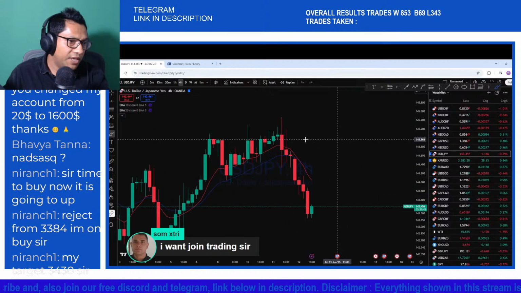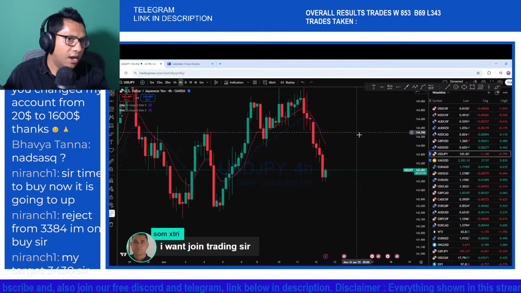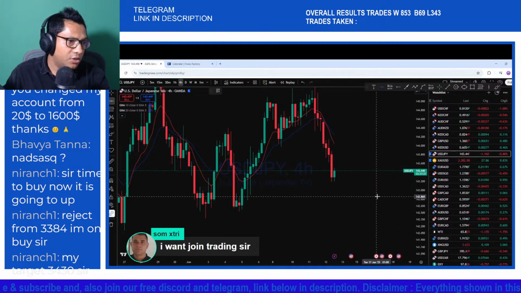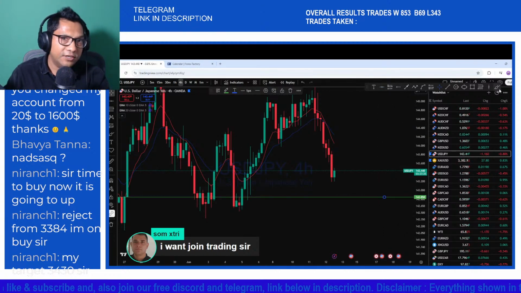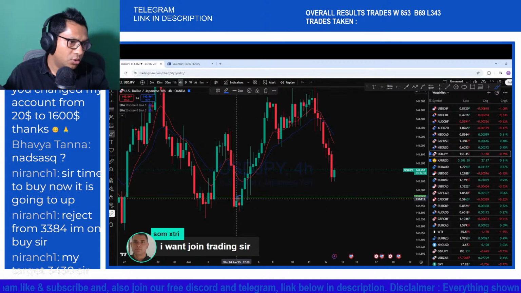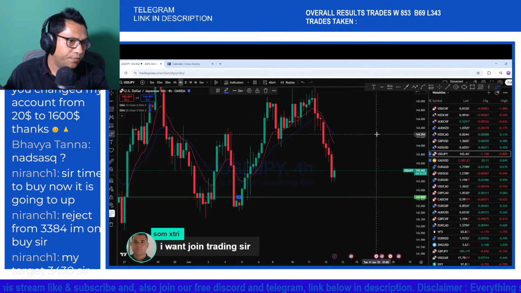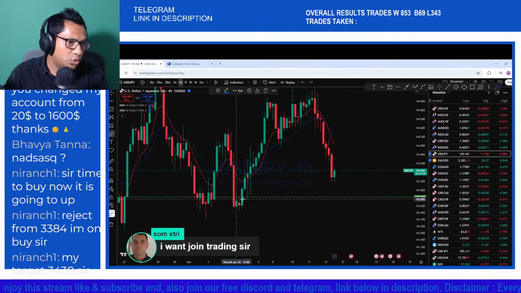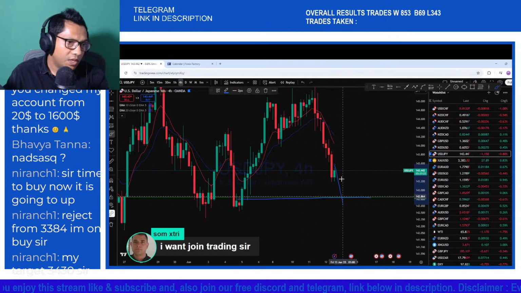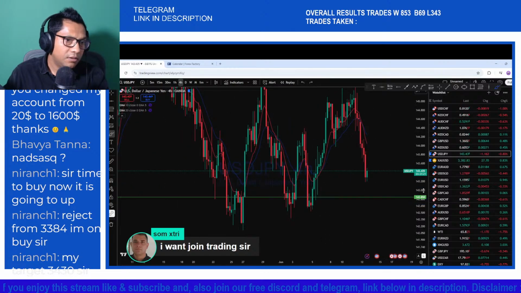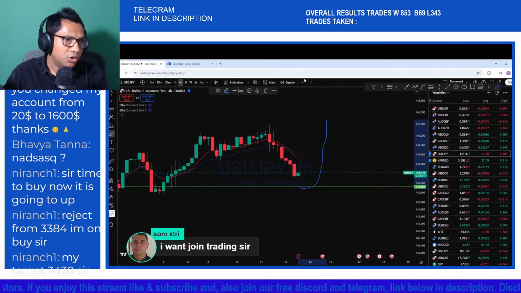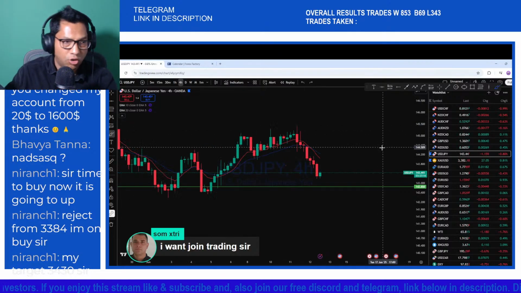So what it could do now is a single move potentially coming to this level here. This is what we're talking about: this is a liquidity zone, and that single move potentially coming to this level and then pushing back upside again. That's the high probability with the dollar yen price action.